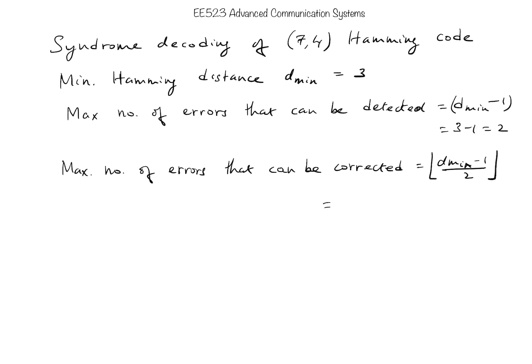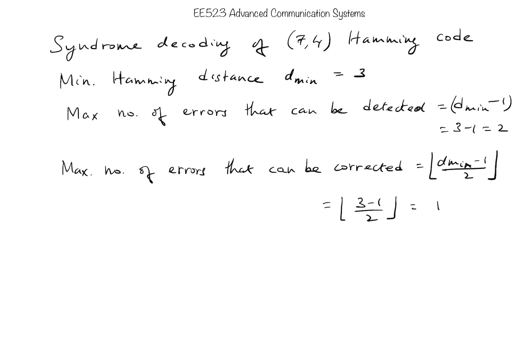In the case of the Hamming code, where the minimum distance is 3, it is 3 minus 1 by 2, the floor value, which is 2 by 2, which is 1. So the maximum number of errors that can be corrected is a 1-bit error out of the 7 bits. We have a code word of length 7.